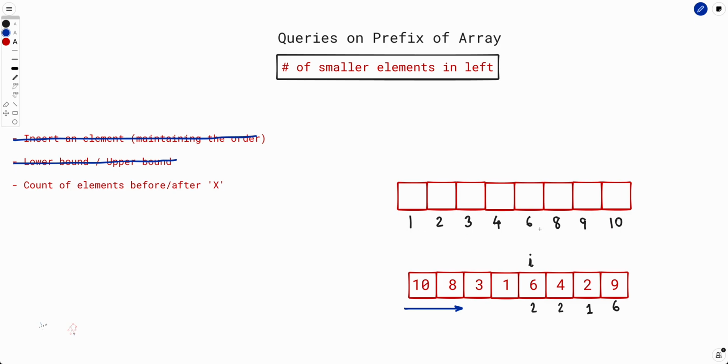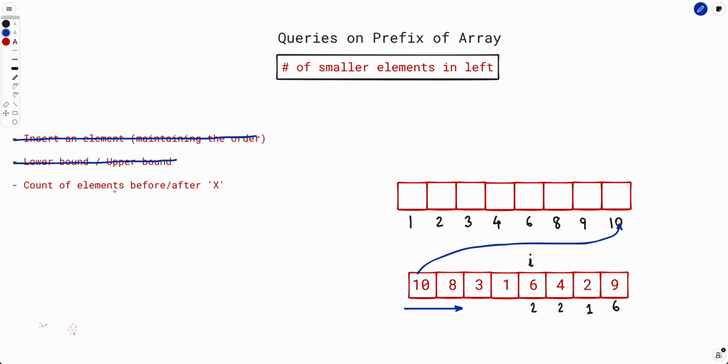As soon as we sorted the array, we don't need to understand where a particular element x will belong, or how to maintain the order. Let's say we need to insert 10, we already know that 10 would go to this particular position at the end, so we'll directly insert 10 at the last position, right? That's where we are completely getting rid of the first and second type of query.